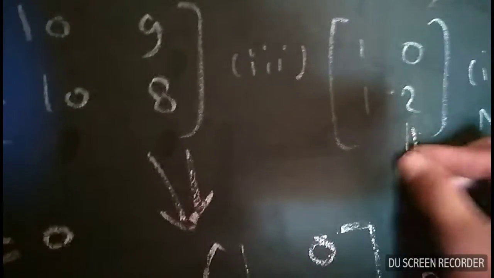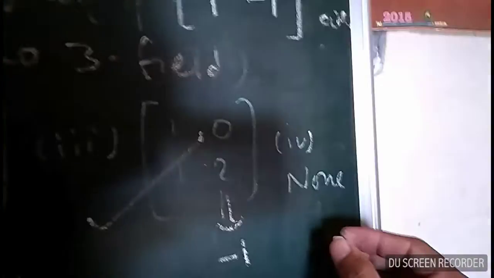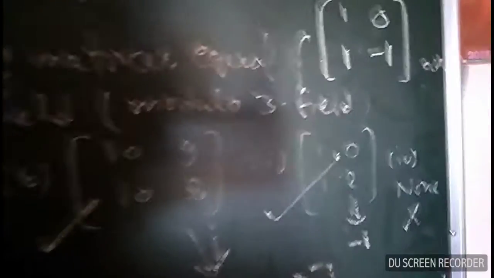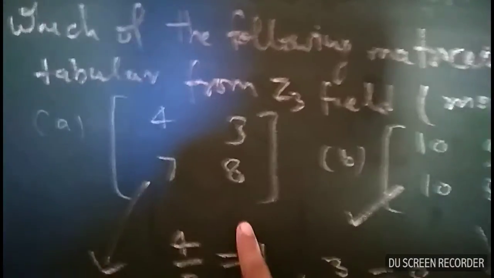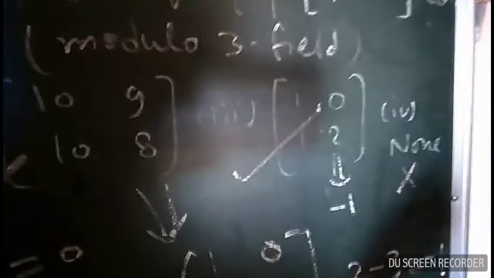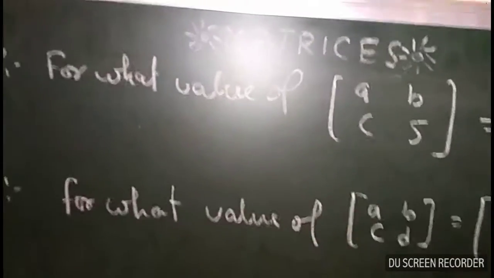Then 2 is equivalent to -1, so the third answer is also correct. The fourth answer is not. Hence we see that the matrices equal to the given one are the first, second and third.